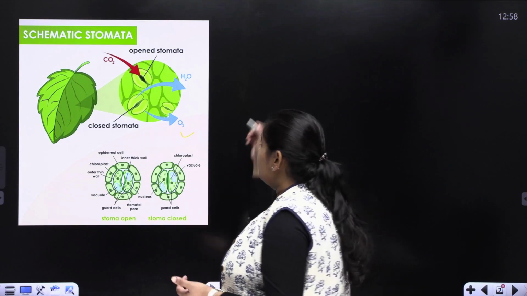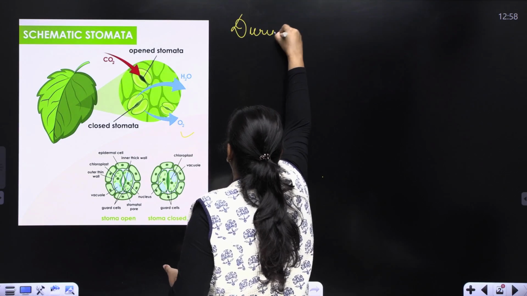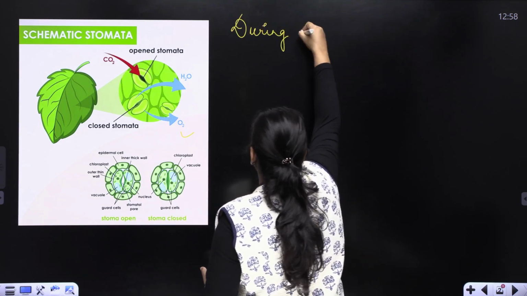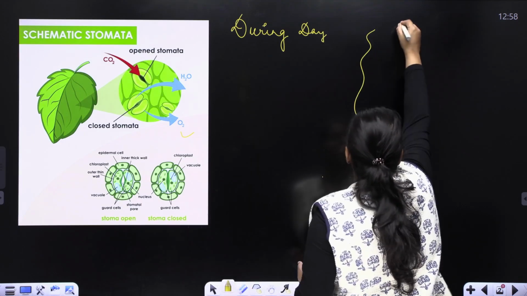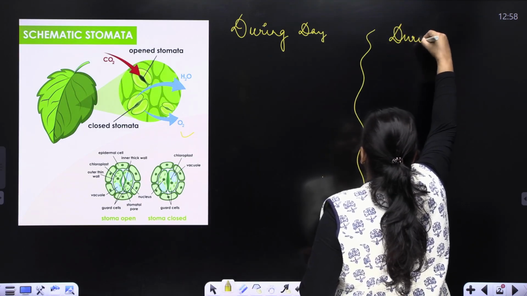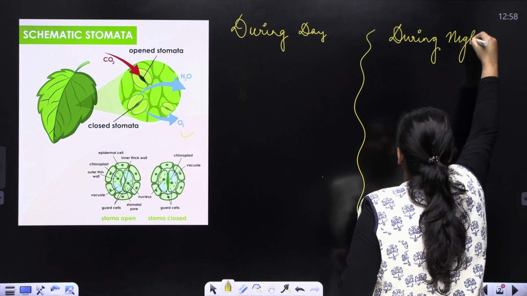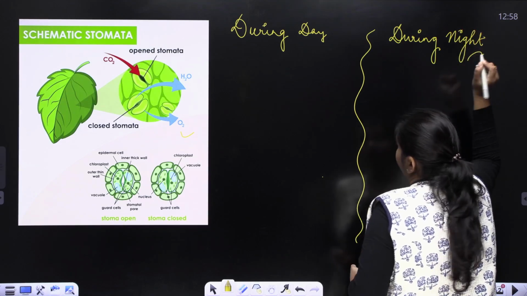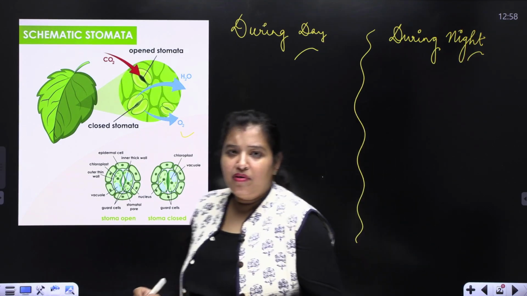Now, see, children, plants perform differently during the daytime and during nighttime. So during the day, what happens? We know sunlight is available.